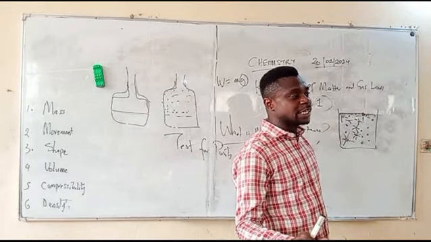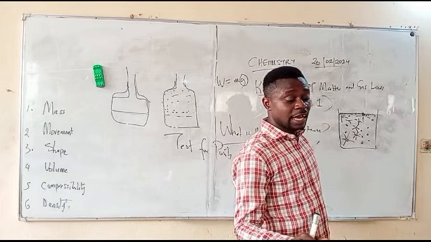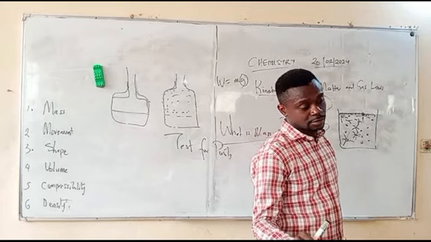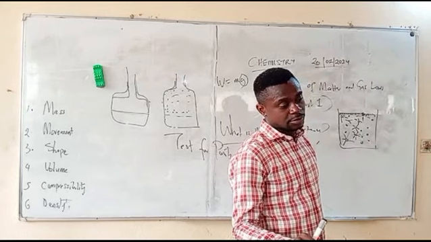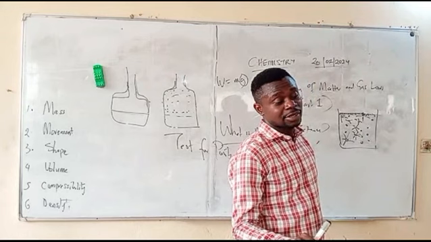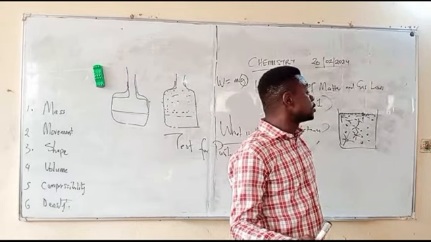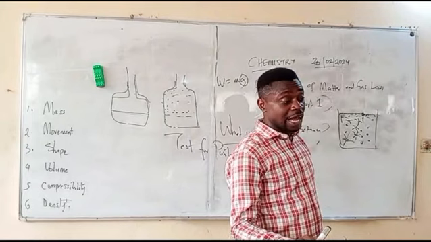If you study chemical bonding, in an electrovalent liquid the attraction between the molecules is stronger. So the molecules hold each other and don't just escape easily. If they have more kinetic energy, they can evaporate and leave.